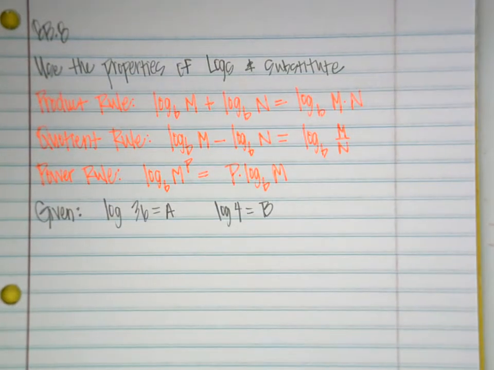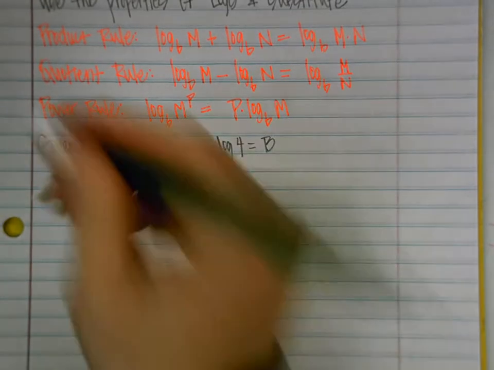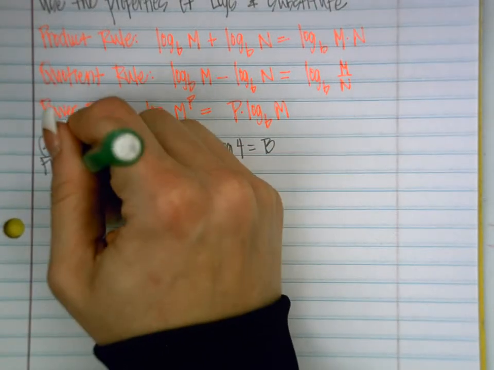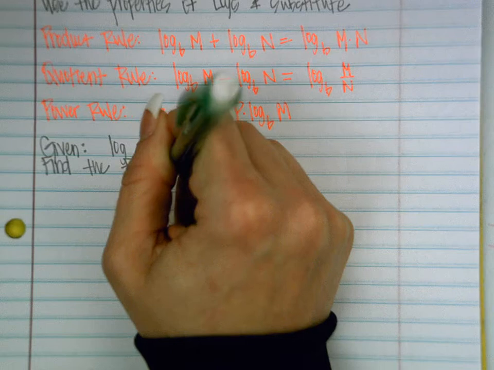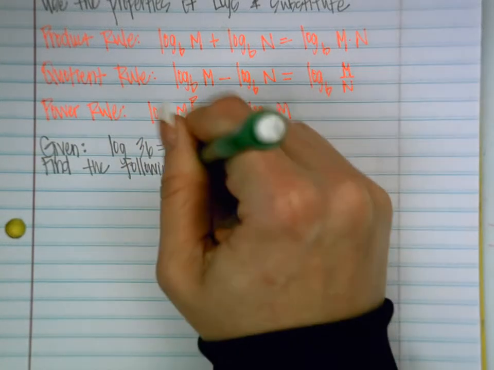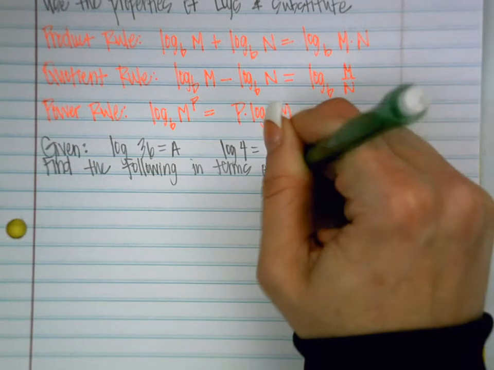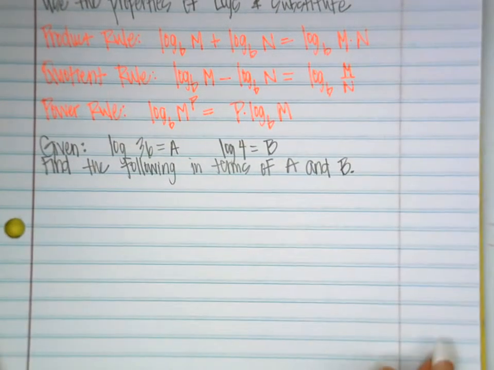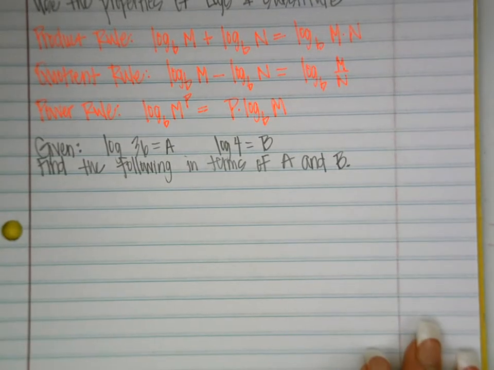And your instructions are going to tell you to find the following in terms of a and b. So we're going to be doing a lot of substitution here.